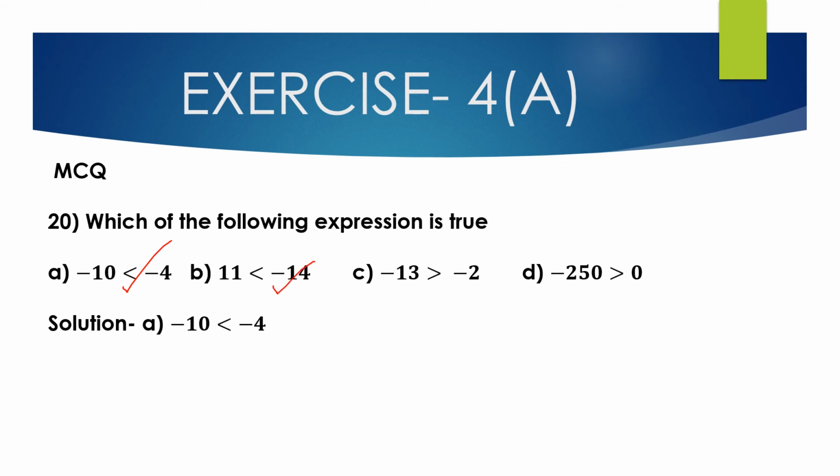Third option C, minus 13 is greater than minus 2. We know 13 is greater than 2, but if we place the negative sign, then minus 13 will be less than minus 2. This is false.